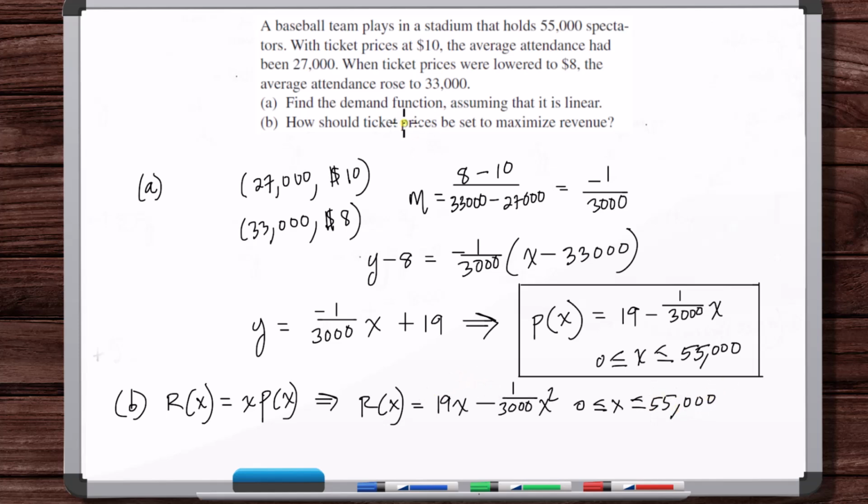So all we need to do is find the maximum value of the R function over this interval. Once we have that, it'll give us an X value and an R value. Then we just plug that X value in here to get the price. Okay, so this is a closed interval, and this function is continuous.